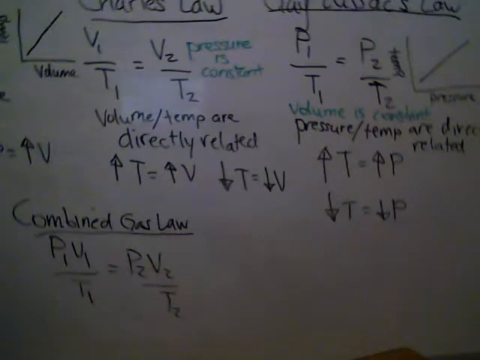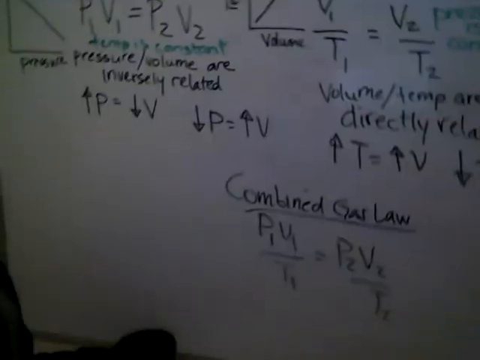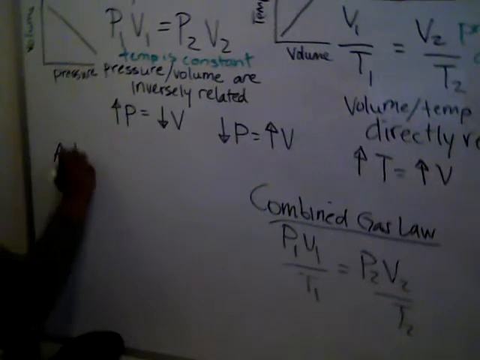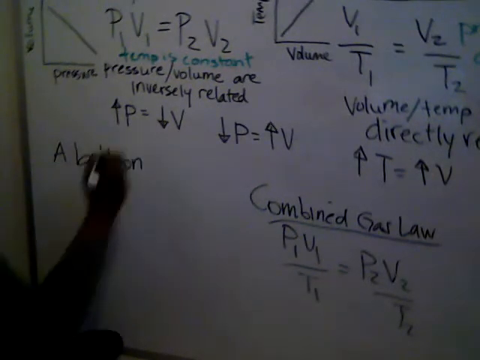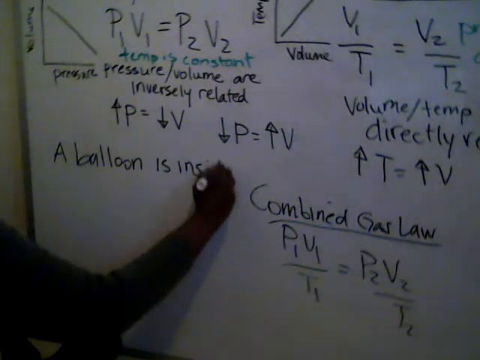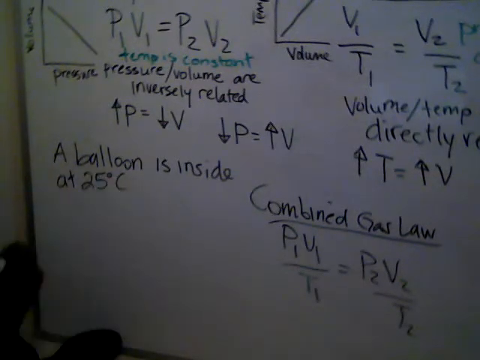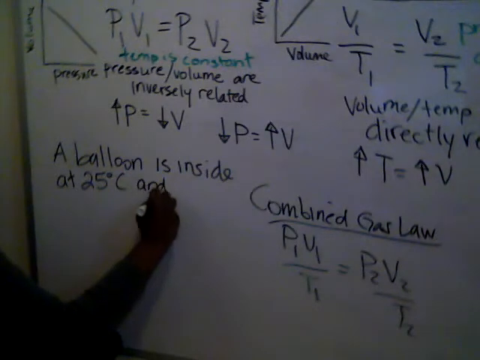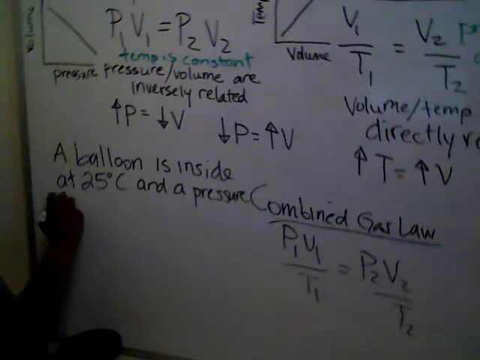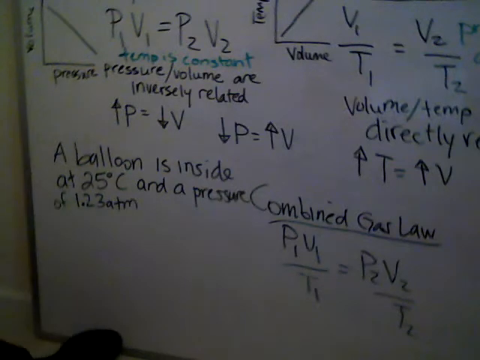So let's say in a word problem, we are given a balloon that is inside at 25 degrees Celsius and a pressure, let's say, of 1.23 atm, which is atmospheres.